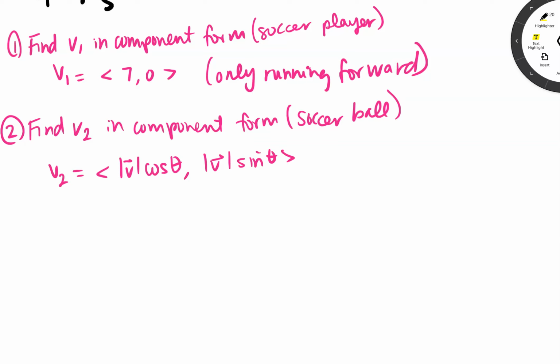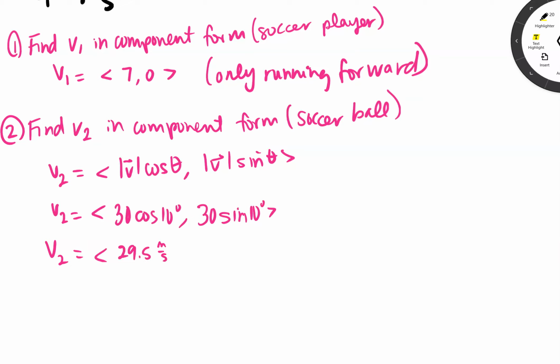Plugging in, V2 is 30 meters per second at an angle of 10 degrees, so 30 cosine 10 degrees, comma, 30 sine 10 degrees. If you plug this in, you get 29.5 meters per second, comma, 5.2 meters per second.